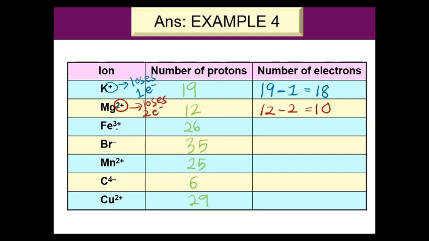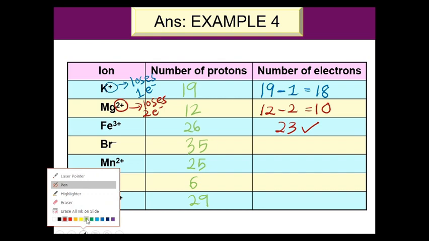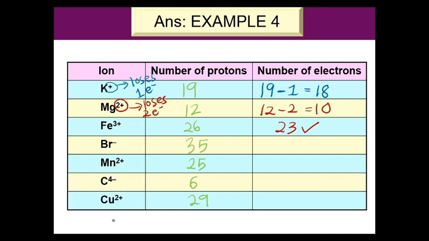I'll give you a few moments to do the ferrum 3 plus. Did you get the answer as 23? That is correct. Okay, what about Br minus? Br has a charge of -1, hence it gains 1 electron.